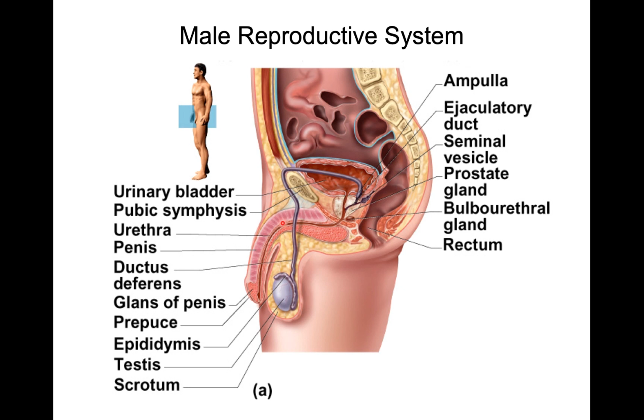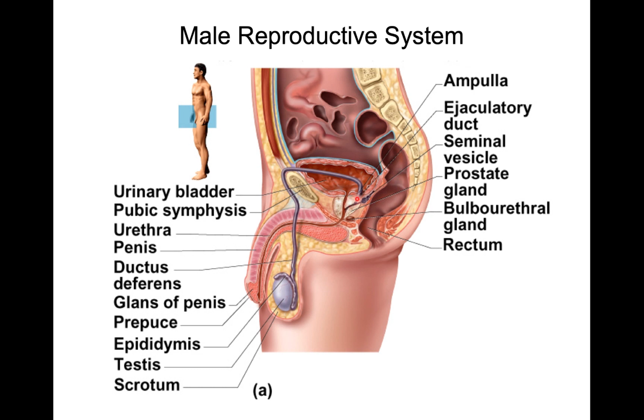Now, this whole thing right here, it does have two names. The portion that's in the penis and it goes all the way up to maybe like the pubic bone here, we call that the urethra. The rest of this structure that's over here, kind of moving towards the purple tube, this is called the ejaculatory duct.